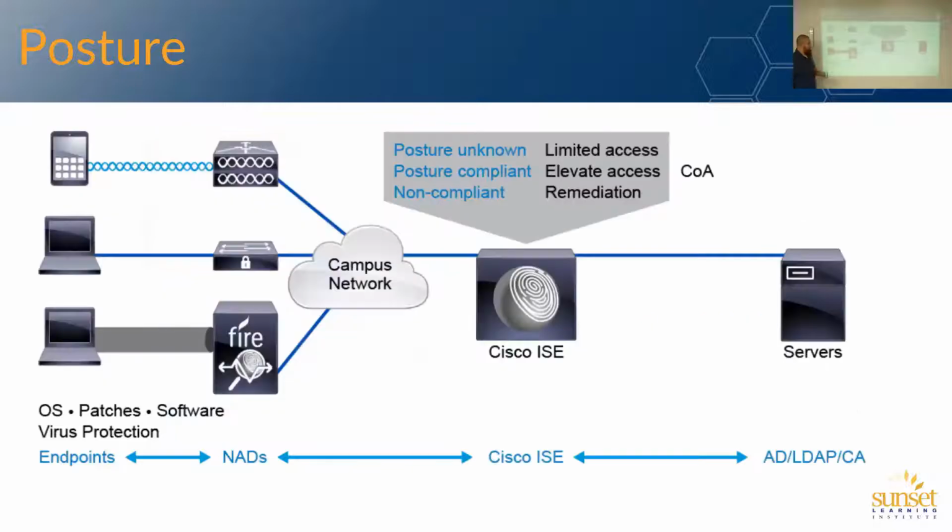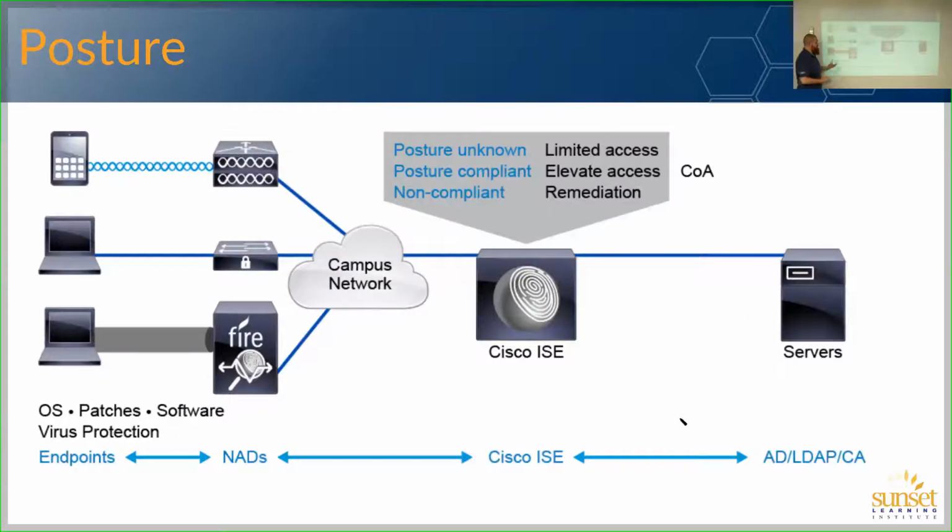Okay, so what goes into this is actually a pretty cool, very powerful tool. There's what we are verifying, the current status of that device: patches, application, firewall status, and so on. There's the method of connectivity, wired or wireless. And whenever a device connects, it starts with an unknown status.